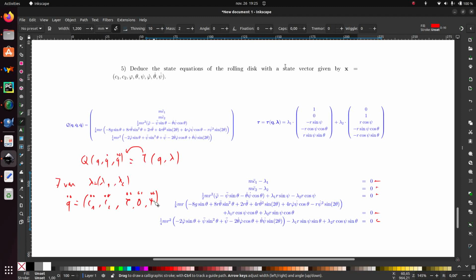Well, so we observe that in this equation, as was the case previously also, all variables in Q dot dot occur linearly, and also the Lagrange parameters. So this one, this one, this one, and so on, they appear linearly. Okay.